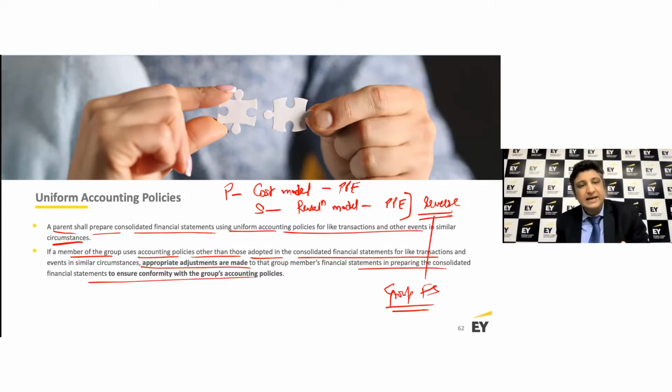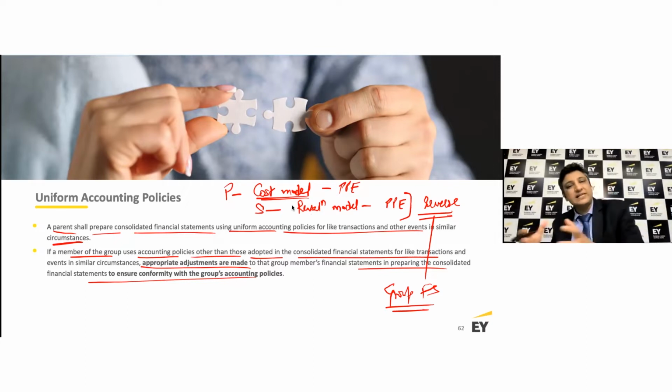We're not saying that the subsidiary needs to change its accounting policy. Please do not get us wrong when we say that, right? The subsidiary does not need to do anything, right? But from the group's perspective, it has to be the same accounting policy as followed by the parent entity.